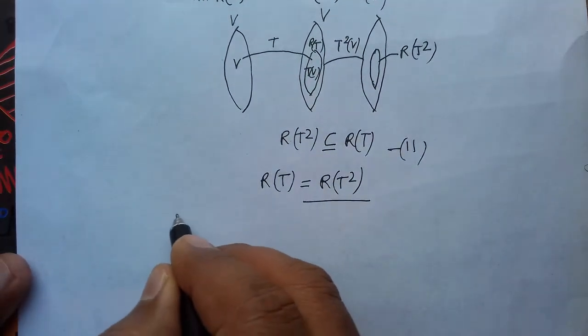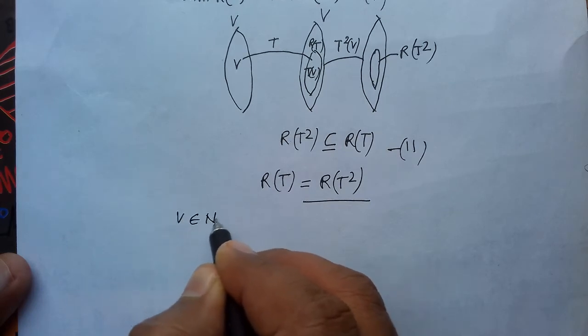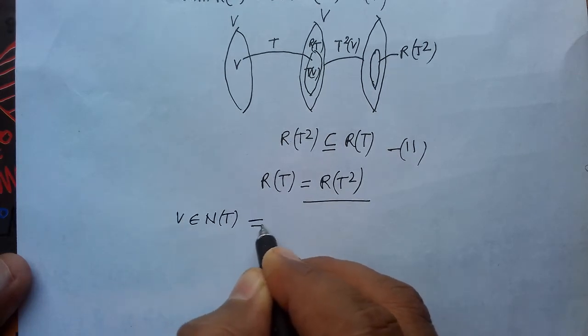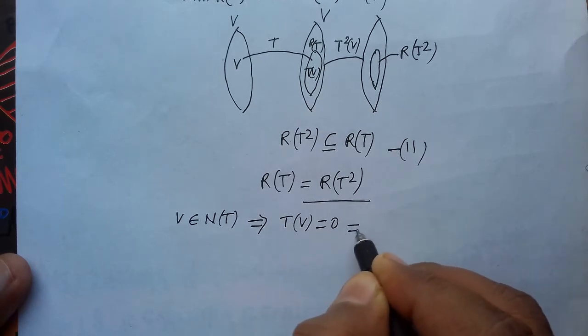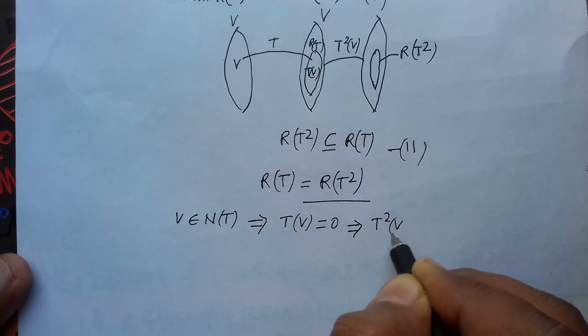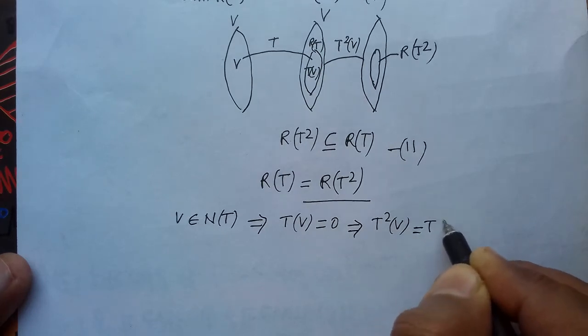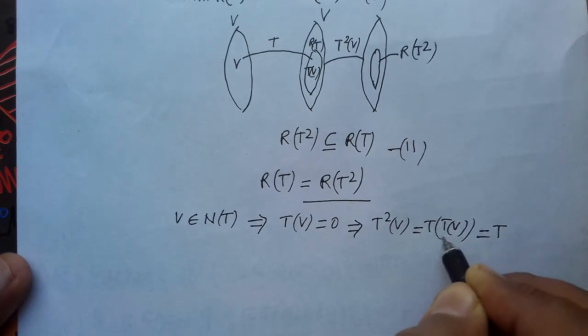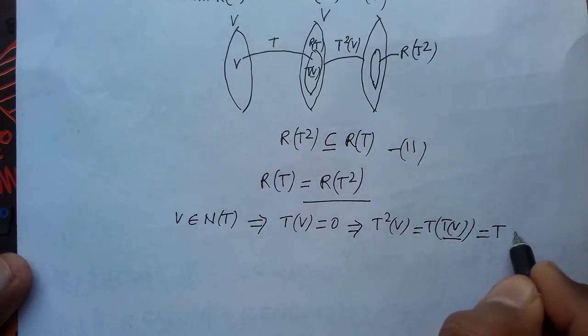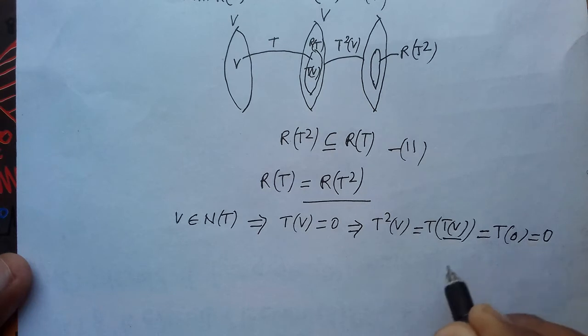For A, suppose V belongs to NT. This implies that TV equals 0. This means that T squared V equals T of TV, equals T of 0, and this will be 0.